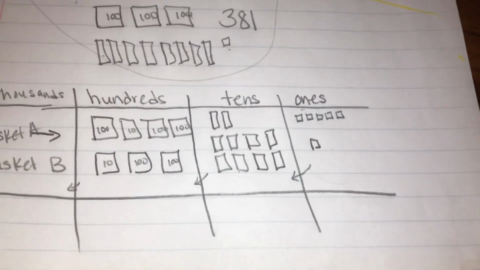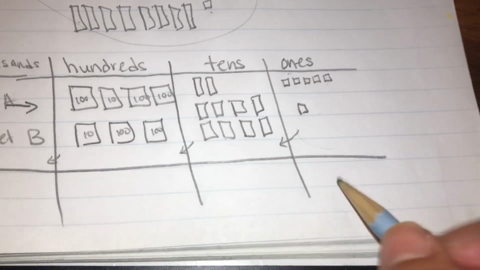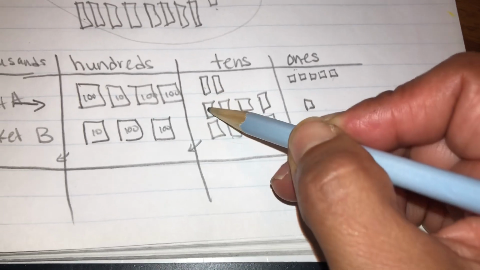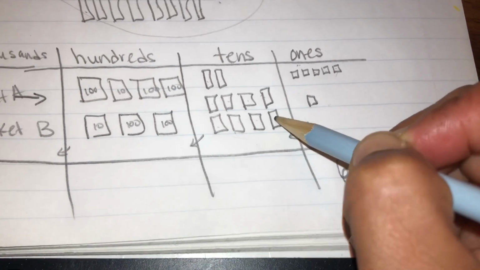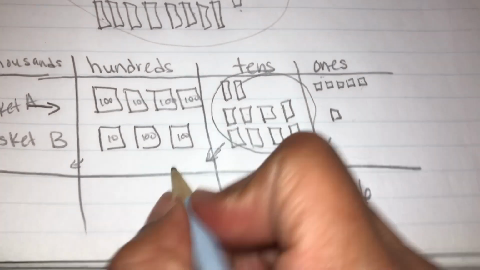Okay, so let's go ahead and add them together. So ones, 1, 2, 3, 4, 5, 6. Tens, 10, 20, 30, 40, 50, 60, 70, 80, 90, 100. We could trade this for 100.